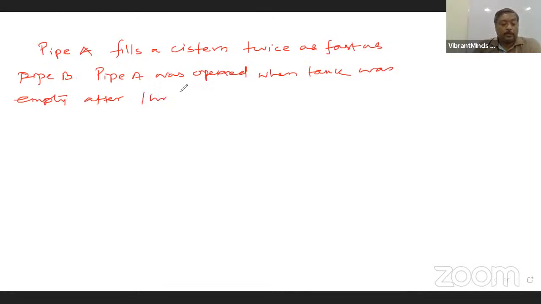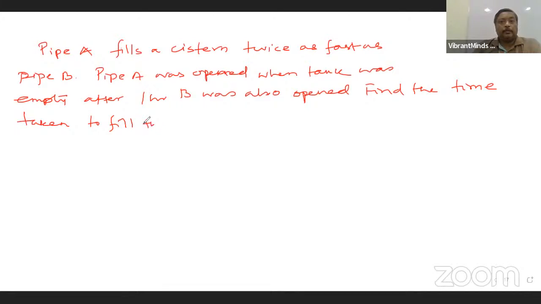After 1 hour, B was also opened. Find the time taken to fill the tank if B can fill it in 8 hours.